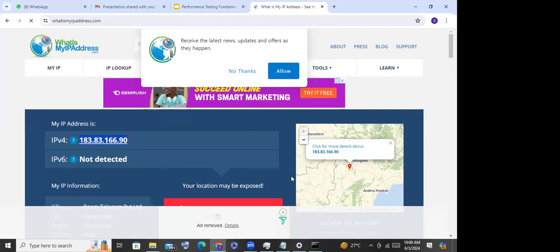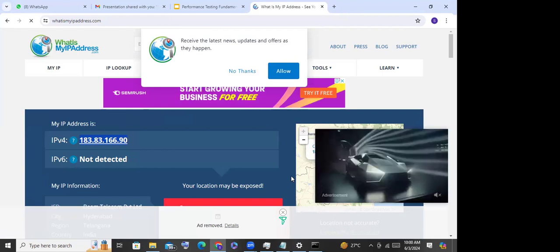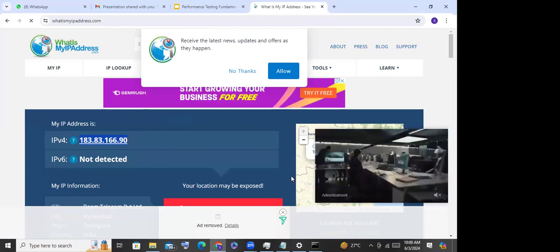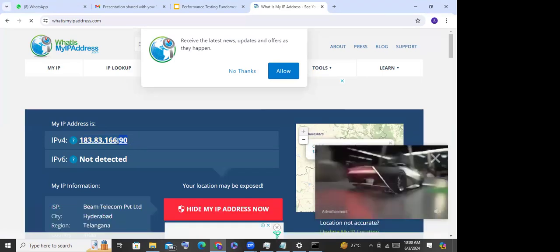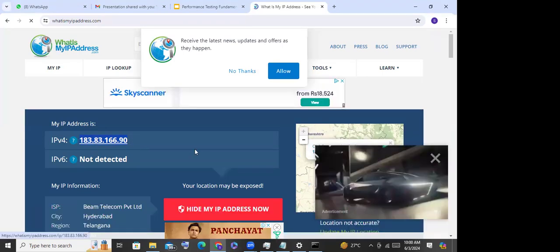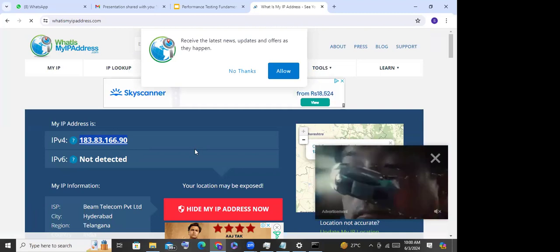Why is that? I'm in the Ameerpet classroom, and let's say there are 10 people over here, all connecting to the same wireless area network. All of them would share this particular IP that is shown to the outside world.